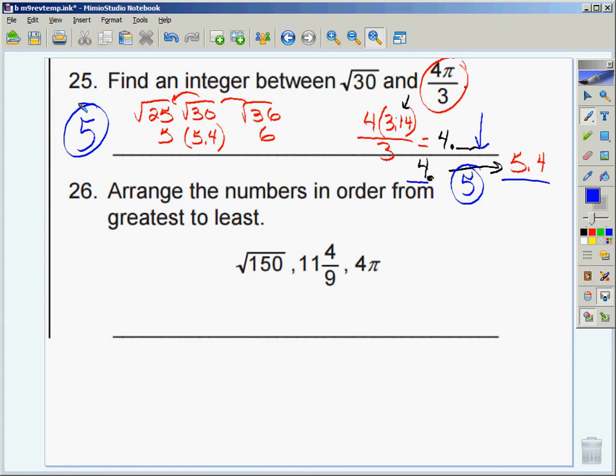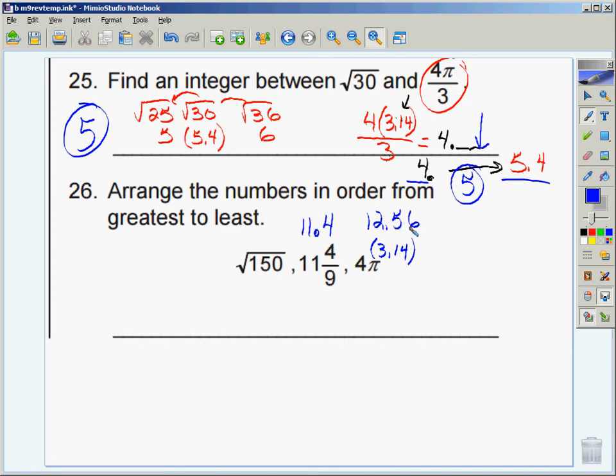That's why 5 is the correct answer for number 25. Number 26, arrange the numbers in order from least to greatest. We'd want to look at them in decimal form. So this would be 11.4. 4 times 3.14 would be 12.56.